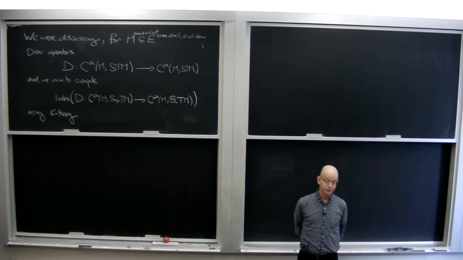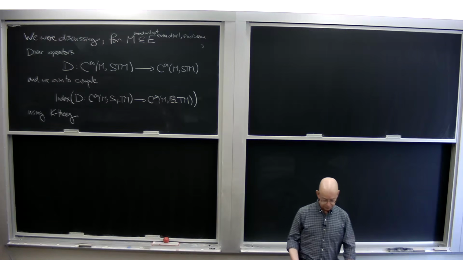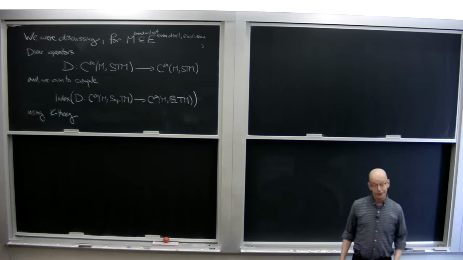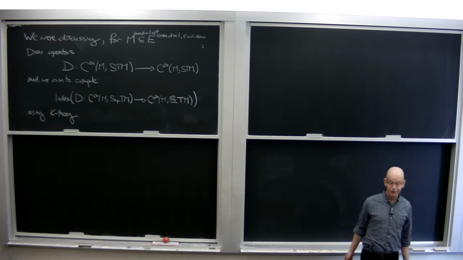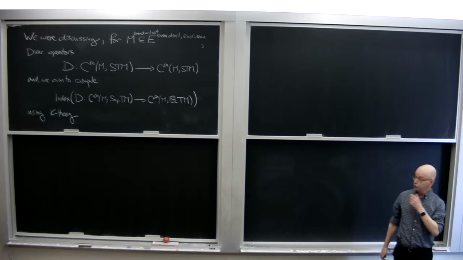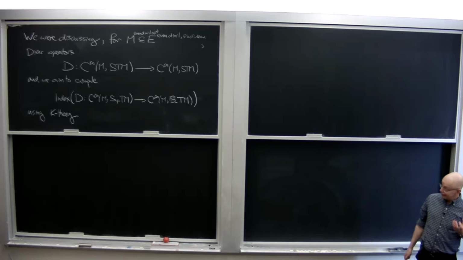And this bundle has to be equipped with a particular choice of so-called Clifford multiplication, as we discussed last time and is discussed in the notes. Okay, so you have to specify all of that before you can say what the index is. You have to ask what the operator is first. That means choosing or somehow identifying one of these S of TMs, and then you can proceed.